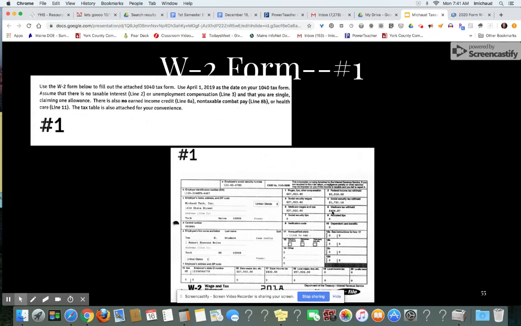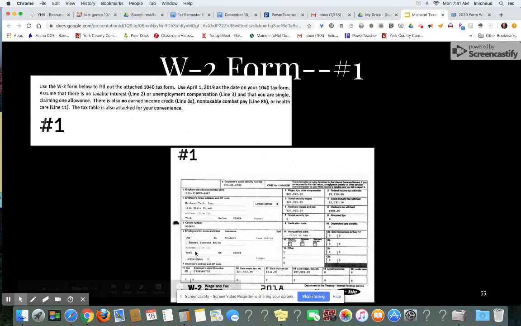First of all, you will be getting a W-2 form from your employer by the end of January in order to complete your income taxes for April 15. Here is an example of a W-2 wage and statement form.